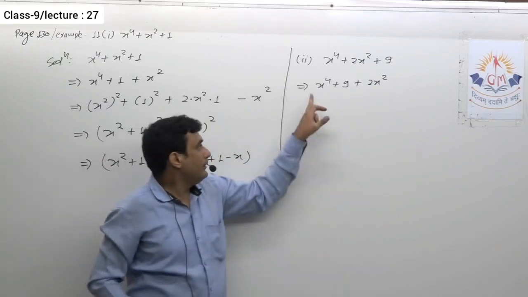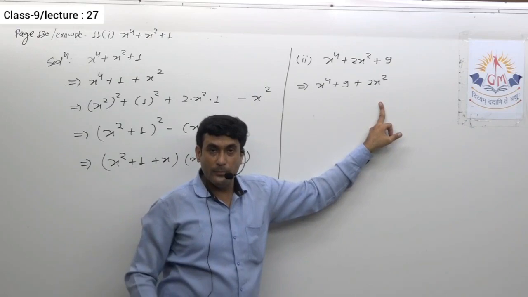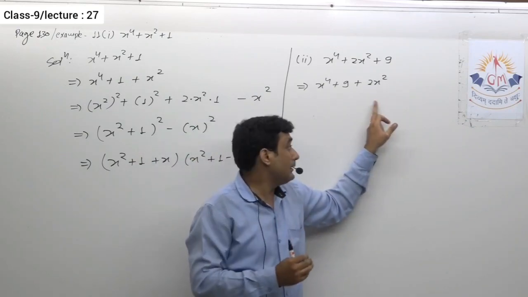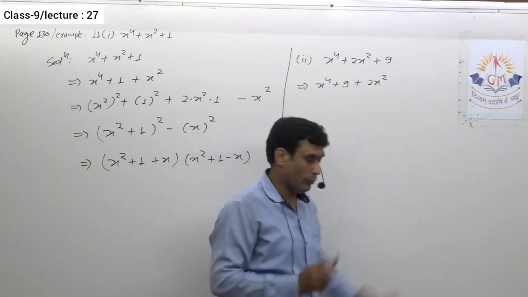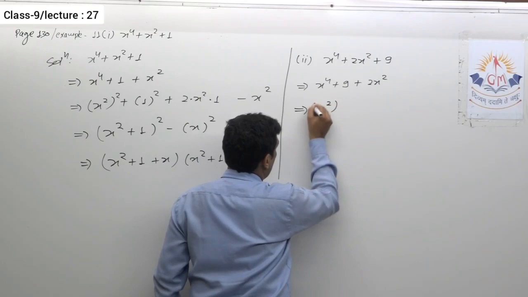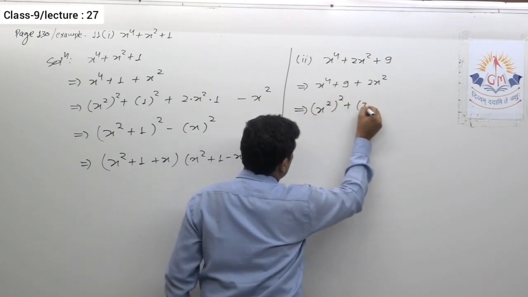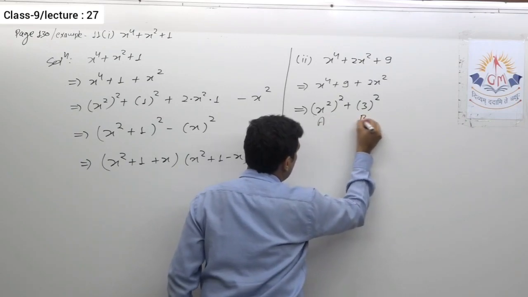Now I'll consider this as a square, this as b square, and then I write the third term either as plus 2ab or as minus 2ab. Let us see. Here I wrote x square whole square plus 3 whole square. So this I am considering as a, this as b.